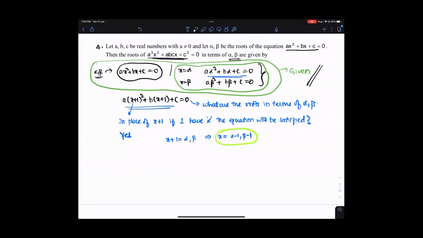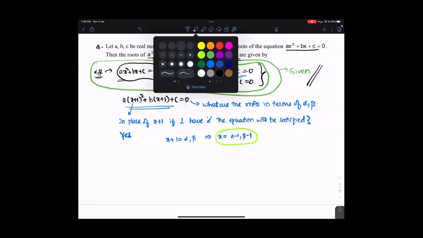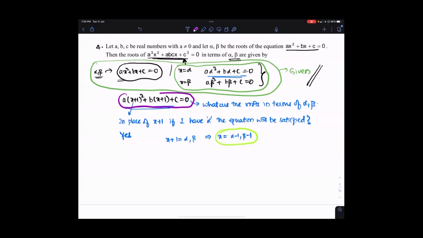Now, the first task will be to try to write this one in the form of ax square plus bx plus c. What I mean by that is, if you look at this one, what I have written, it is also something like a into something square plus b into something plus c, and this something whichever I have written, both are same.